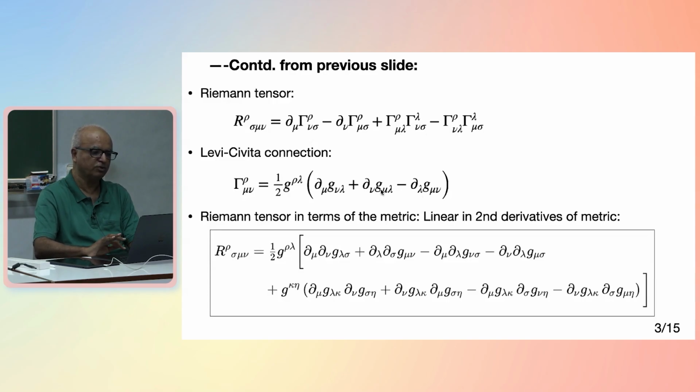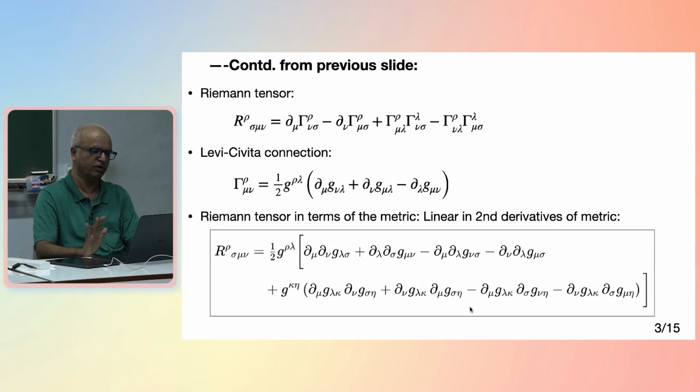Just substitute this expression for gamma in the expression for the Riemann tensor. You get this long expression for the Riemann tensor in metric components. So we don't have to look at each term. Just see, these are the terms which are second derivative in the metric. It's linear in those terms. Then there are terms which are first derivatives of the metric. It is bilinear in those terms.